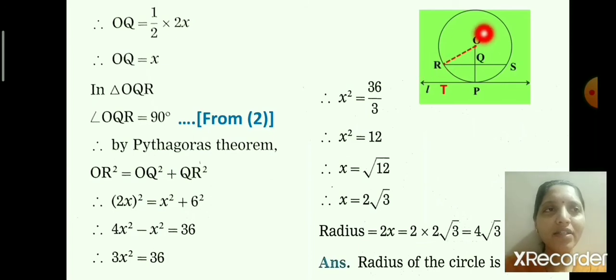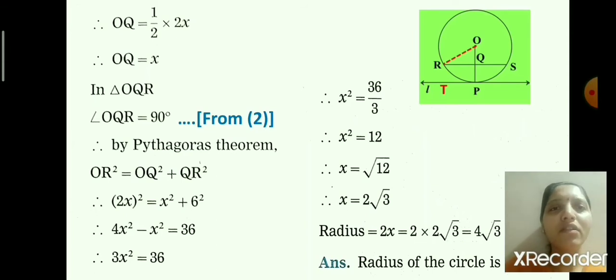In this triangle, angle OQR is equal to 90 degrees from equation 2. So here you can apply Pythagoras theorem and you will get OR square is equal to OQ square plus QR square. Now substitute here. OR is 2x, so (2x) square is equal to x square plus 6 square. So 4x square minus x square is equal to 36.